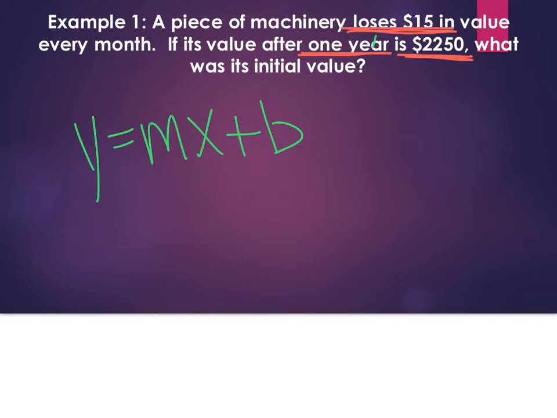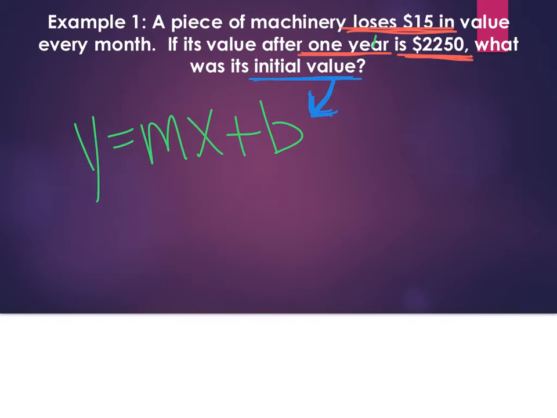Well, hopefully this word keys in if I'm trying to figure out what the initial value is. If you remember, that's what our b is, our starting point, our beginning, the initial value, where everything takes off from. So that's what I'm trying to find with my y equals mx plus b.